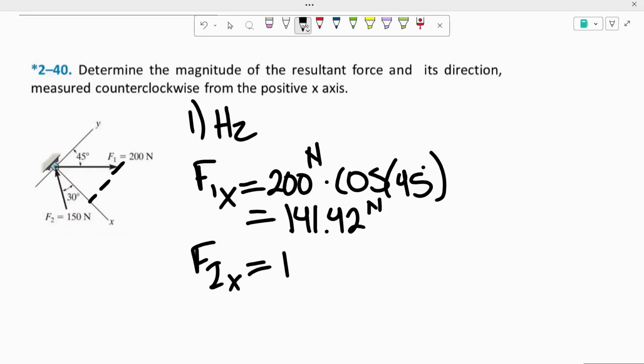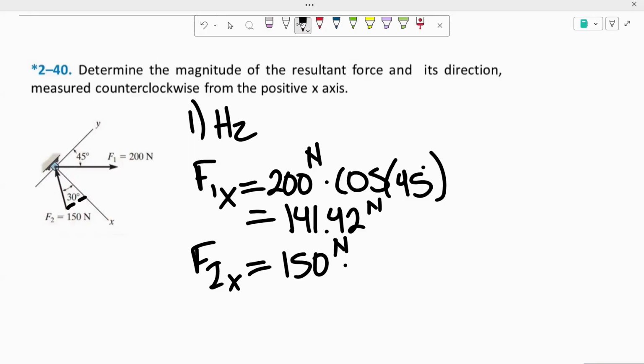So now we're going to move on to F of 2 of x. And F of 2 is 150 newtons. From here, we draw this triangle right here. We are trying to find the component along the x-axis, and once again, we know the hypotenuse and the adjacent side to this corresponding angle. So once again, we should use cosine.